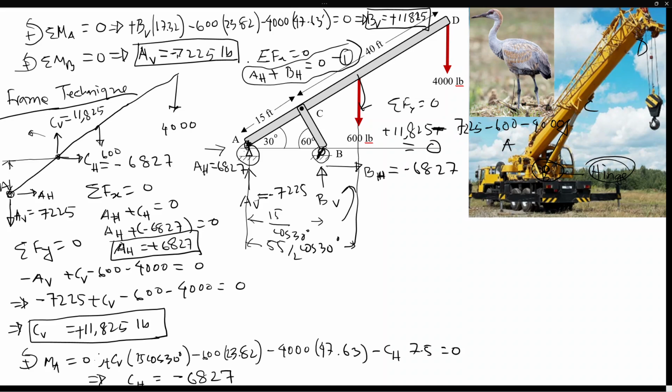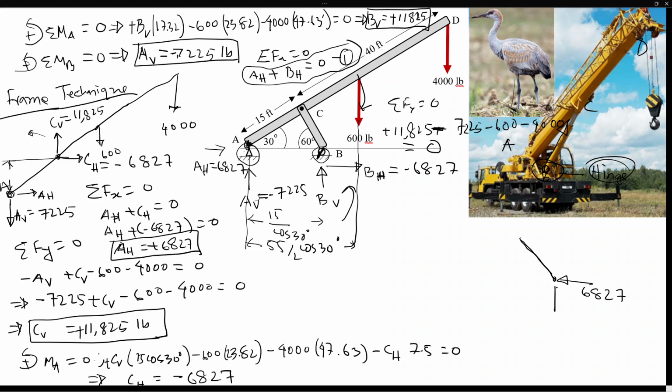Because in the free body of the entire crane, the only horizontal components are AH and BH. So you got that. Now to verify, we can draw the cylinder and then do our verification. So we basically have all the unknowns. If we do this cylinder at point B, we have the horizontal, which is to the left direction.